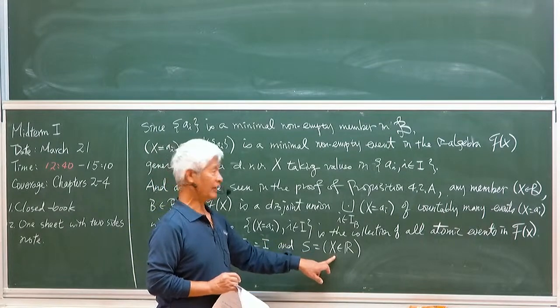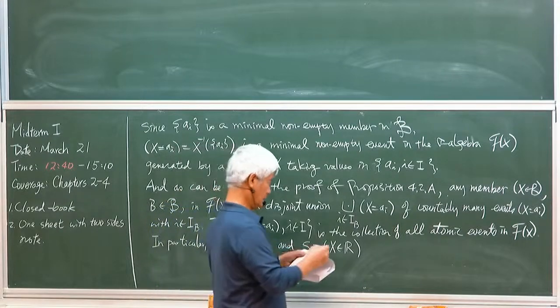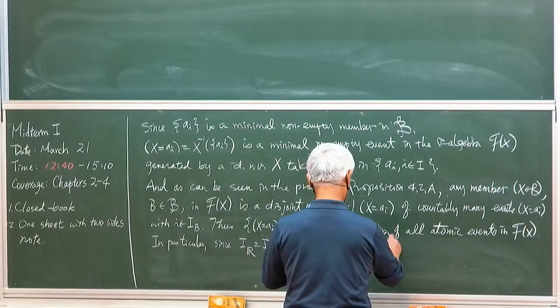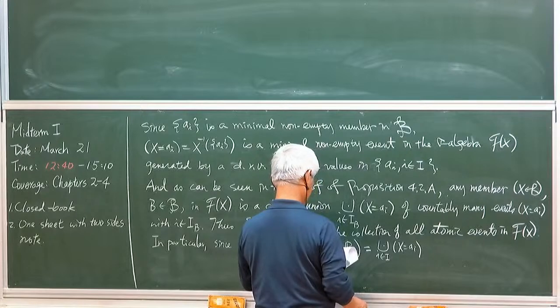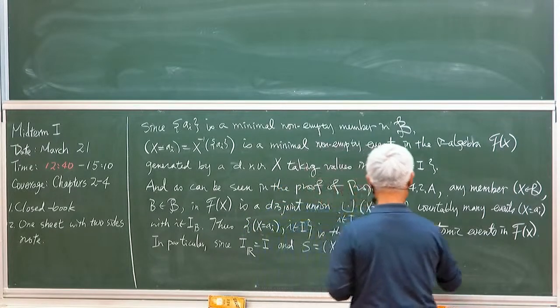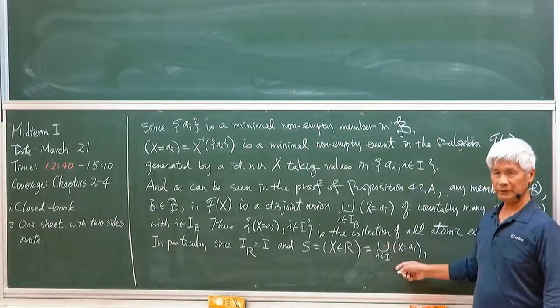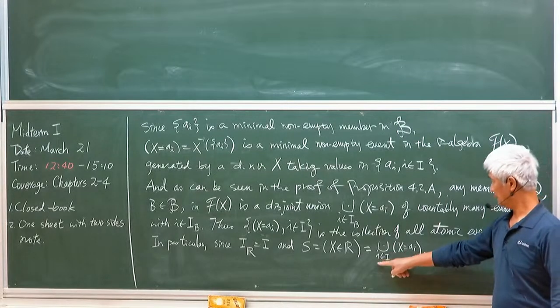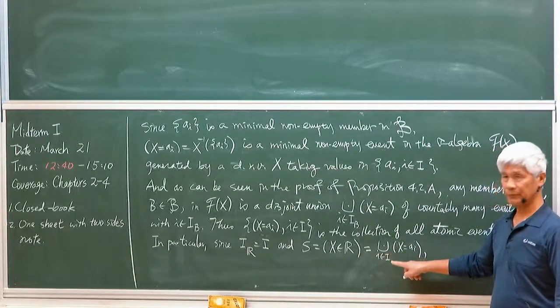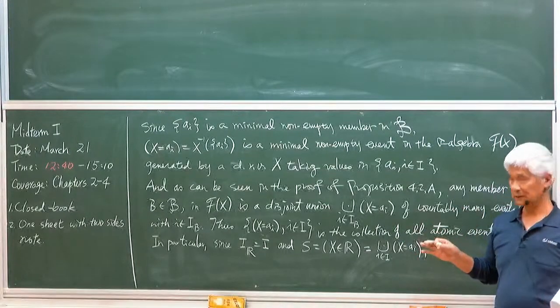Because any value should be a real number. So this is the total event, and this is the disjoint union. So we know that the total event is actually the disjoint union of all atomic events, because you union all index i in capital I.